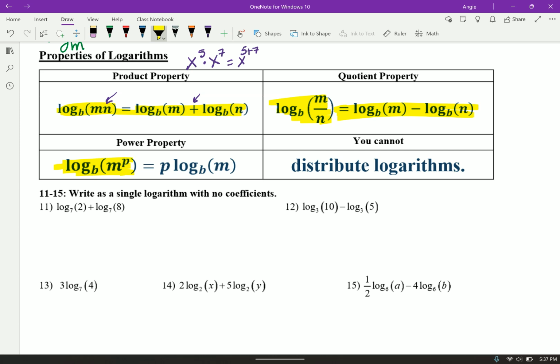Log base b of m to the power p: we drop down the p and make it a multiplication. So log base b of m to the power p equals p times log base b of m. Now, be careful with this, students. You may never, ever distribute logarithms. Again, you may not distribute.